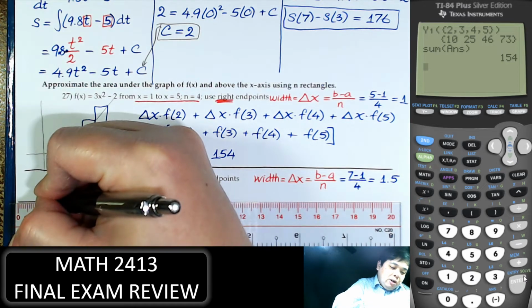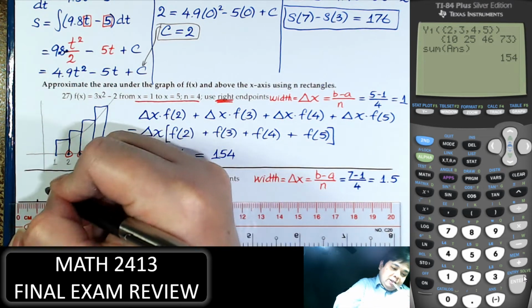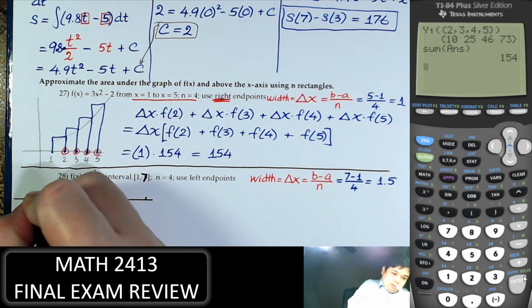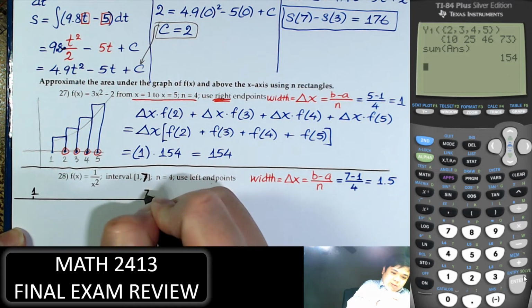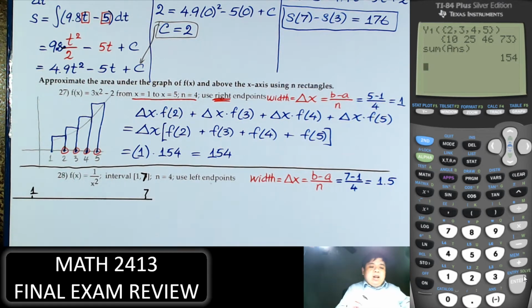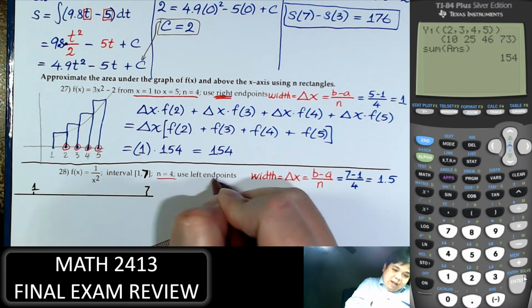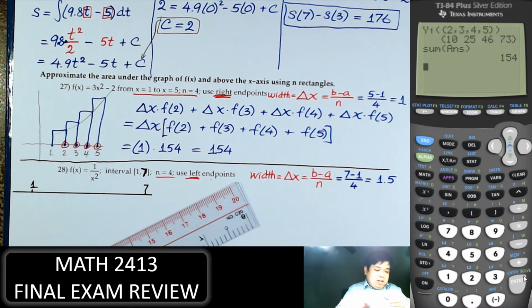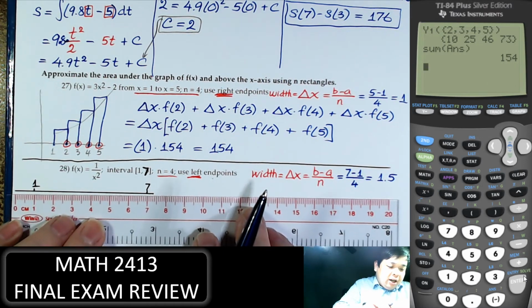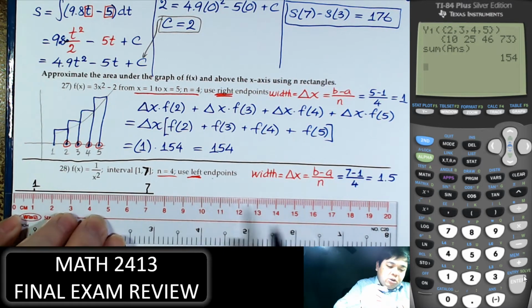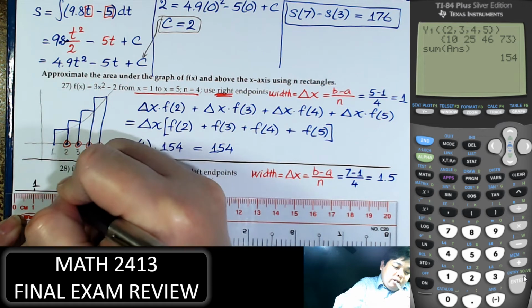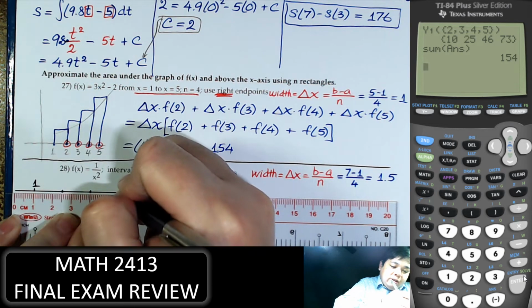So 1 to 7, and then divide into 4 rectangles and use the left endpoint. So 1 to 7, divide this into 4 rectangles, 4 sub-intervals.